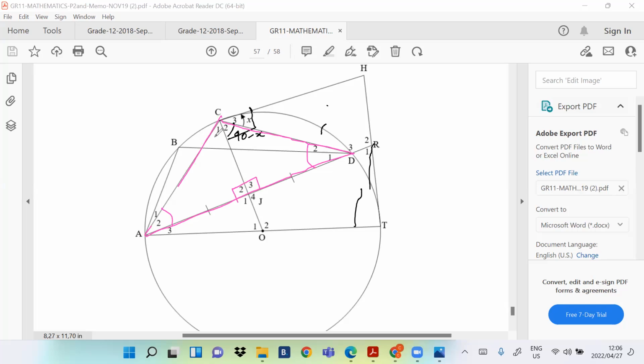Then just by congruency, C1 is C2, but C2 is 90 minus X, right? Then what was that angle we were solving? The whole angle C, right? So C1 plus C2 is 90 minus X plus 90 minus X, which is 180 minus 2X, isn't it?